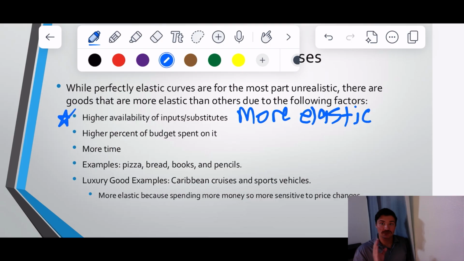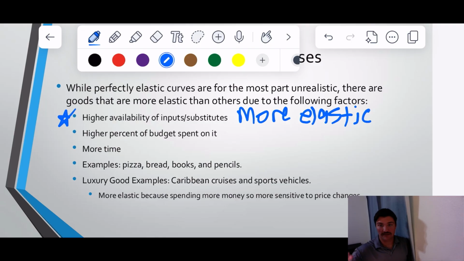And so since there's fewer substitutes, the people that have to have insulin are locked in to whoever they get it from. They can't just go to HEB and get all this different variety, store brand, name brand, all that. They are locked into a certain small supply. Fewer substitutes, more inelastic. More substitutes, more elastic.